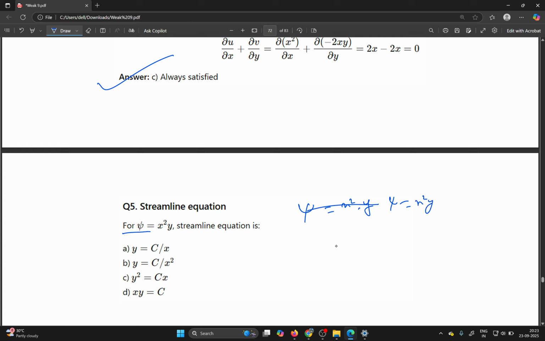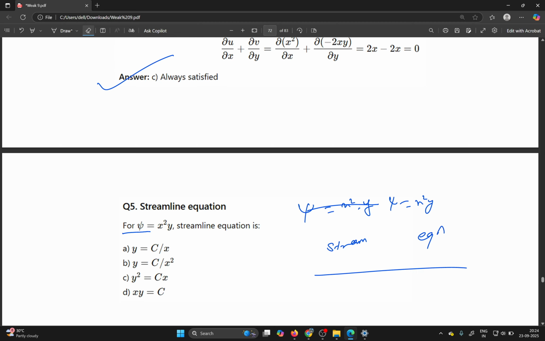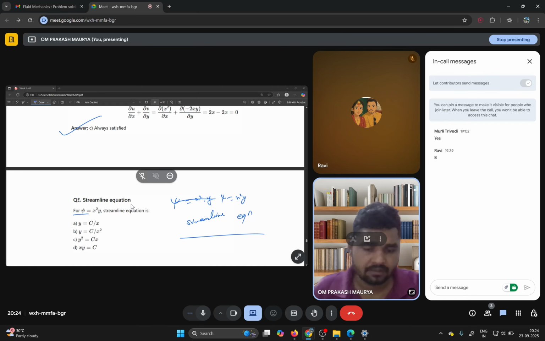You have to calculate the streamline equation here. Please try to calculate what should be the streamline. You have again 3 minutes. These are very important questions. These are linked questions, so you can correlate the things.